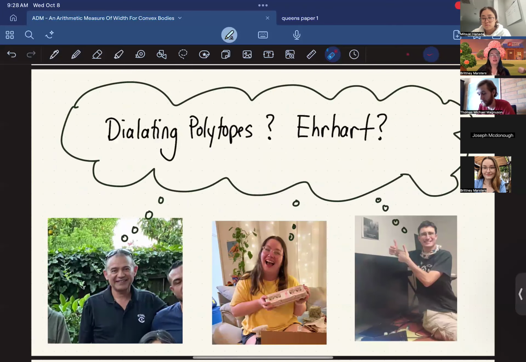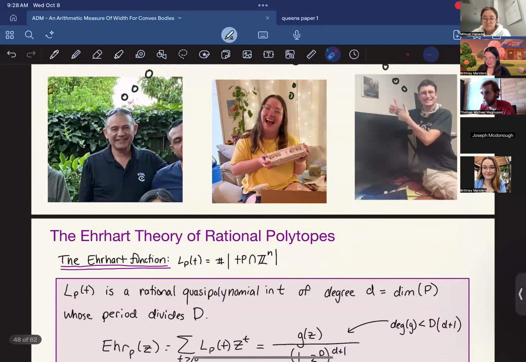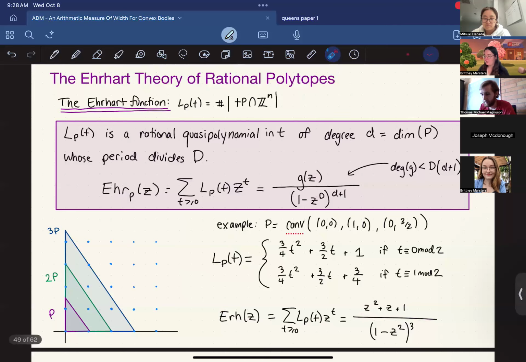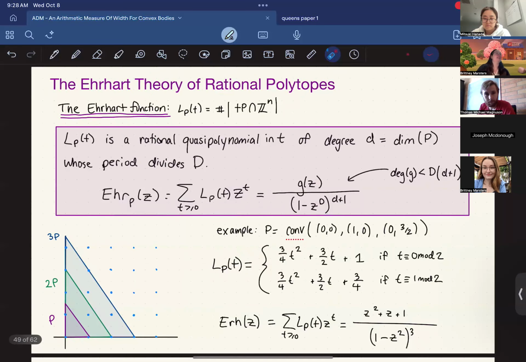Now, if you've been around these talks long enough, you'll think, okay, I'm dilating something, might as well be a polytope. And if I'm dilating polytopes, I might as well find the Ehrhart theory in it all. It has to be there lurking in the corner. And this story is no different. If you've not heard of Ehrhart theory before, here is the world's quickest TLDR.